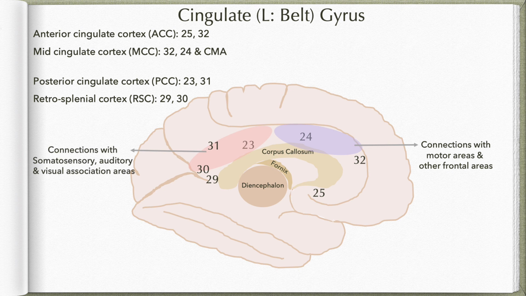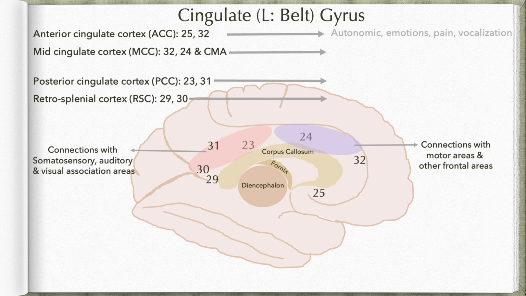The anterior part of the cingulate gyrus receives mainly the connections from the frontal lobe as well as the various motor areas, whereas the posterior portion receives fiber input coming from the somatosensory, auditory and visual association areas. Now coming to its functions, the anterior cingulate cortex is involved in some of the autonomic functions, including it has an area for bladder control, it's involved in emotions, it's involved in pain and also in vocalization.